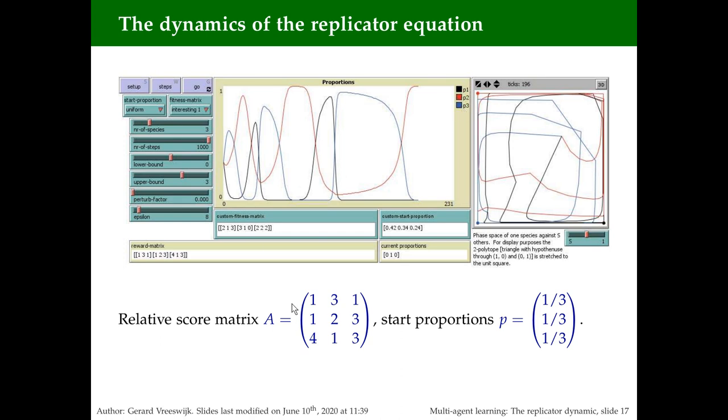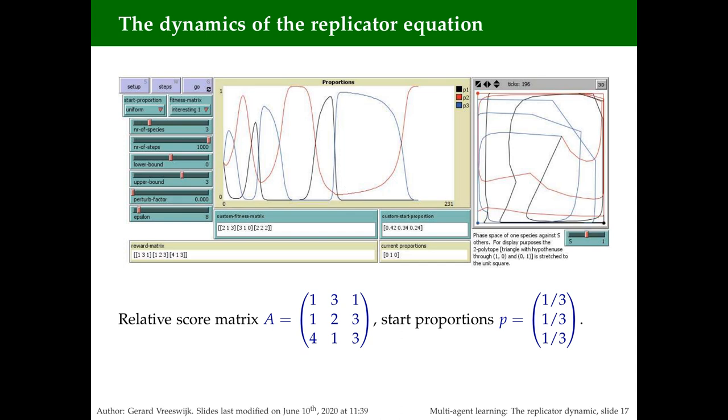And you see that for some score matrices, the proportions do not converge in the replicator dynamic. Don't mind the second diagram. This is a phase diagram, but we have better phase diagrams, so just ignore that. So focus your attention on this graph here. You see the proportions always add up to 1, and they vary wildly in time.